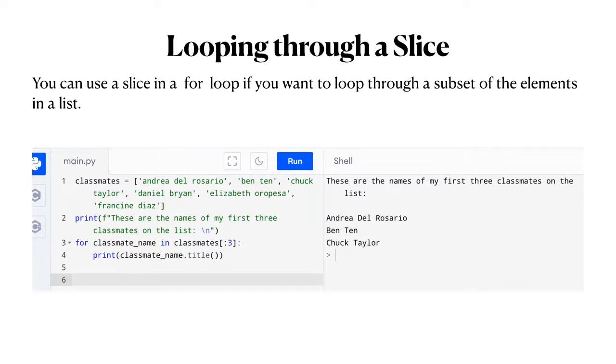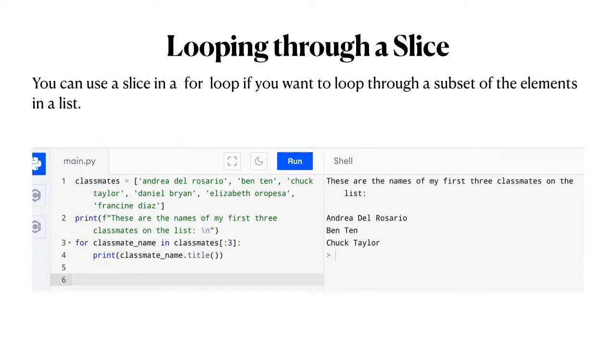So, for classmate_name in classmates[:3], what does that mean? Colon 3 means from the very beginning until the element with index number 3. So who is the name in this list at index number 3? 0 is Andrea, 1 is Ben, 2 is Chuck, 3 is Daniel.